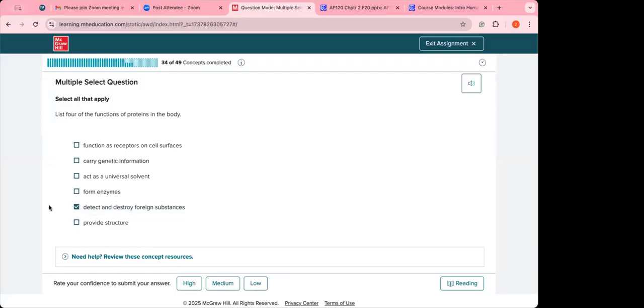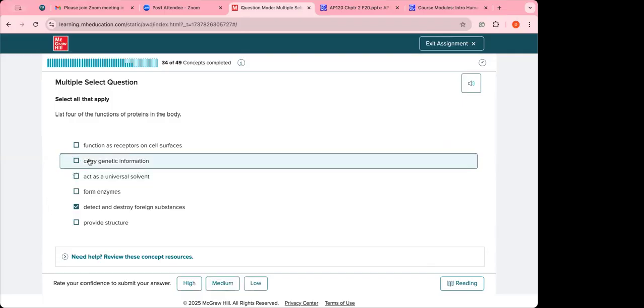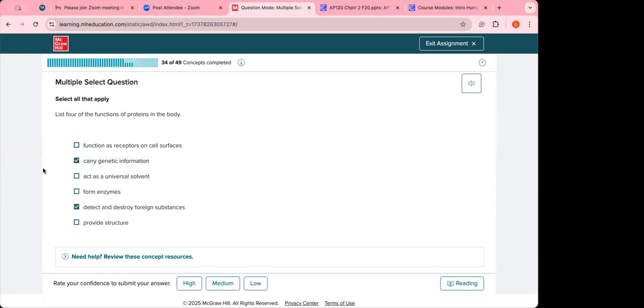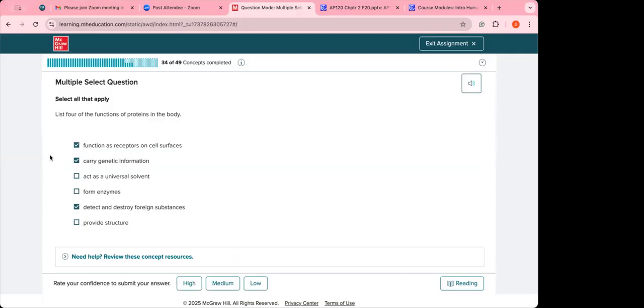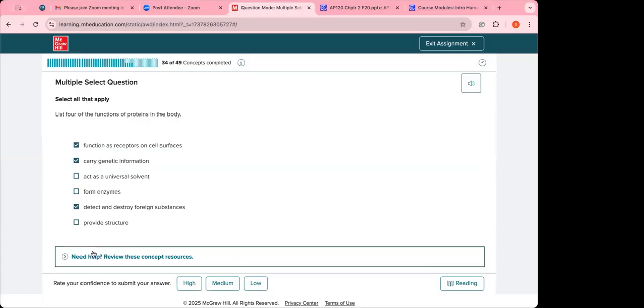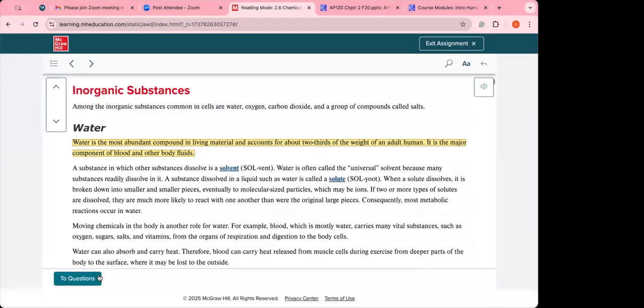I believe they carry genetic information because DNA technically is a protein. I would say they function as receptors. Let's see if I'm right. They function as receptors on cell surfaces and they form, I don't know if they form enzymes. We're going to have to look this up because I don't know about the fourth one.